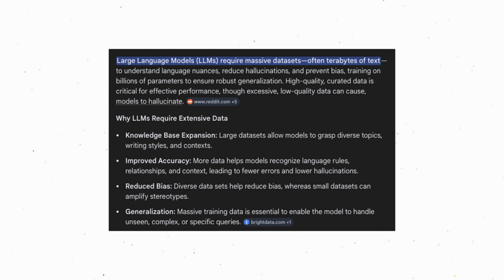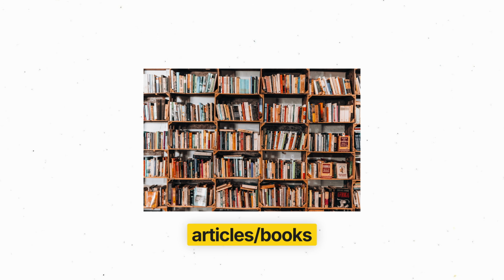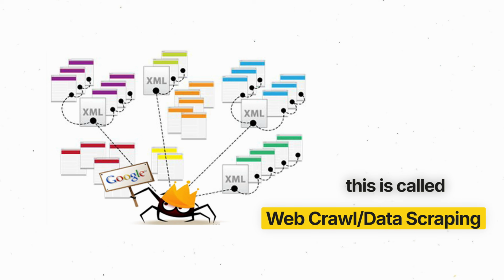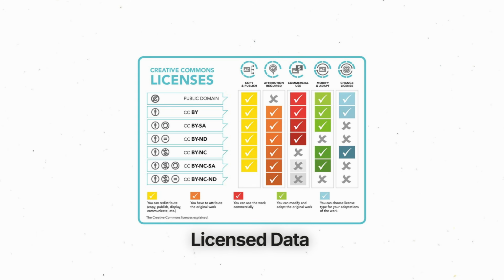Anyway, moving on from electricity, let's talk about data. Models need a lot of data. What you're really doing here is collecting and processing a lot of text: websites, articles, books, research papers, and this process is what people usually call a web crawl. But here's the problem. You can't just scrape the whole internet for free. You need licensed data from other companies.